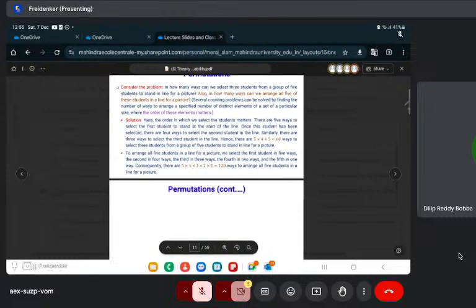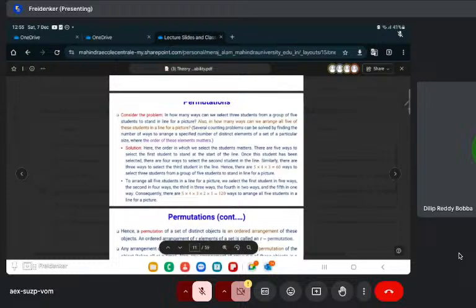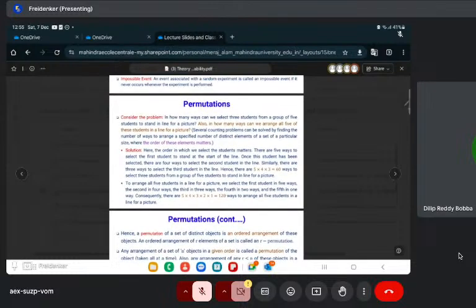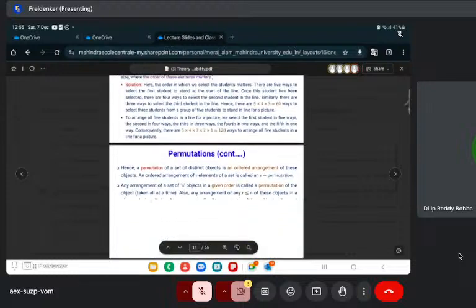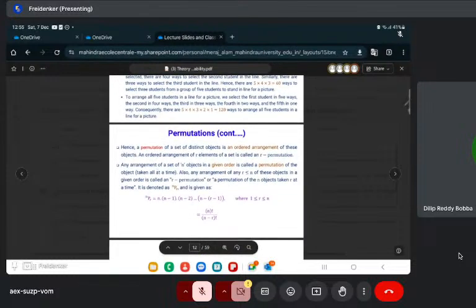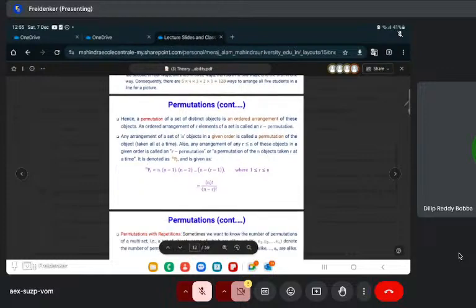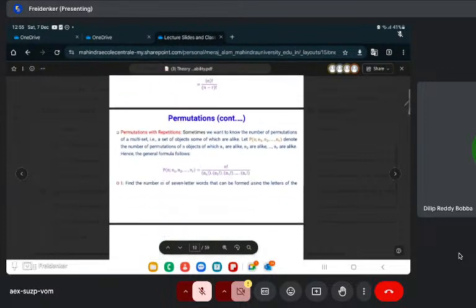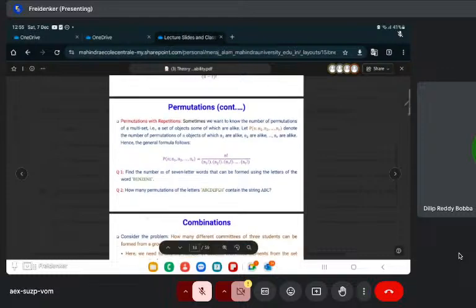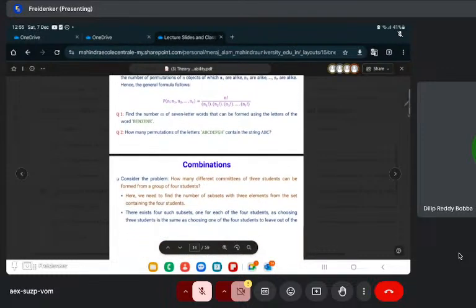Permutations is like the number of ways in which you can linearly arrange k distinct objects from n distinct objects. They're all distinct objects, so that one you have to keep in mind. So linearly you're arranging. Combinations is like the number of selections.